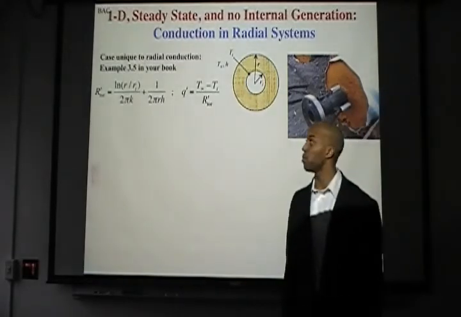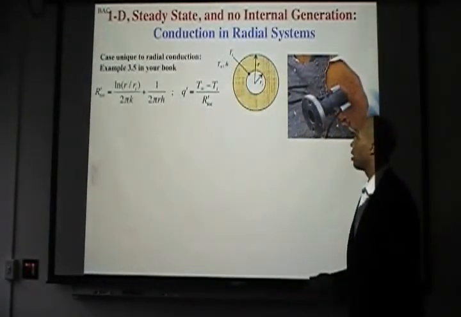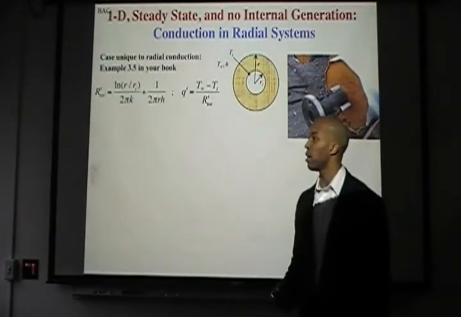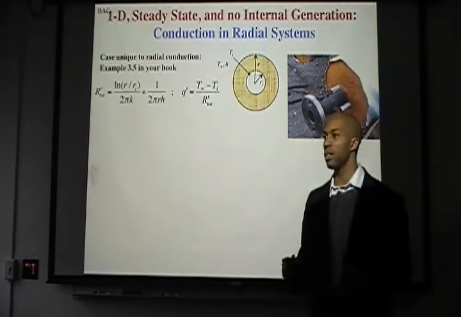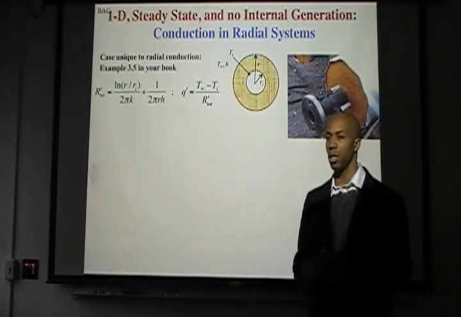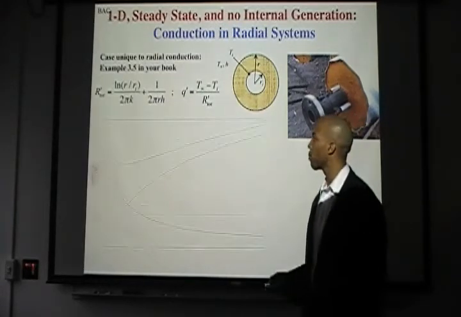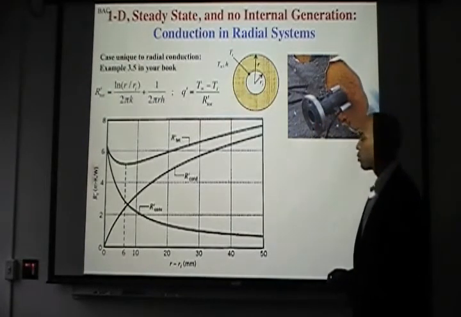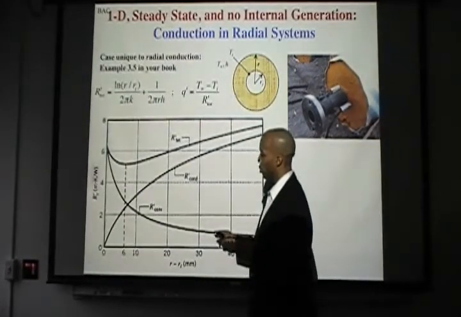So given that, we have our equivalent resistance, we know our heat rate, and we want to think about now, what does it mean to put the right amount of insulation around this pipe? Well, this is a plot that has 3 curves. Let's look at this first one.